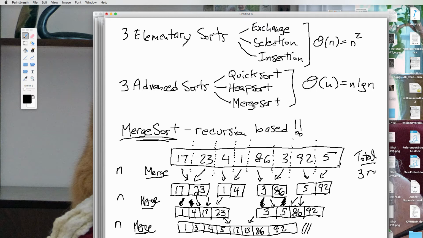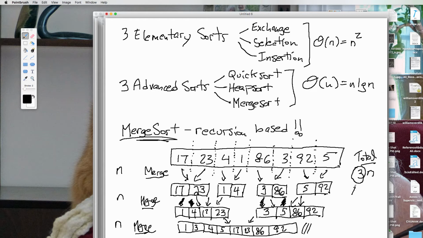of 3n. Well, the question is where did this number 3 come from? The number 3 came from the fact that I had to cut this array in half 3 times. In other words, I cut an array of 8 in half once, and that gave me arrays of 4. And I cut the arrays of 4 in half once, and that gave me arrays of 2. And I cut the arrays of size 2 in half, and that got me down to arrays of size 1.